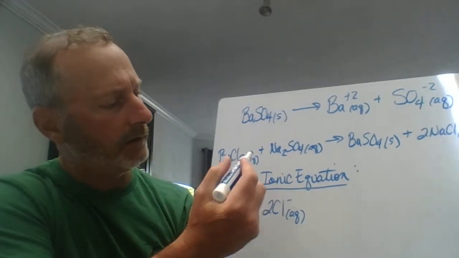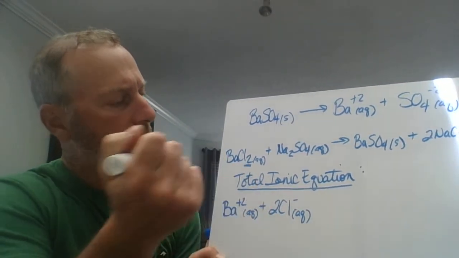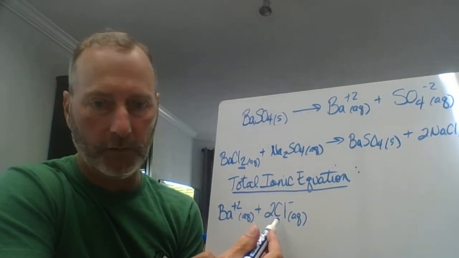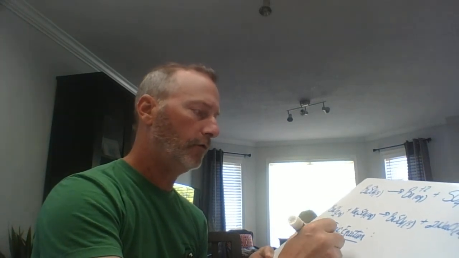Two of them because you have two chlorides in this particular one. Plus, let's dissociate the other partner, 2 Na positive AQ plus SO4 negative 2 AQ.